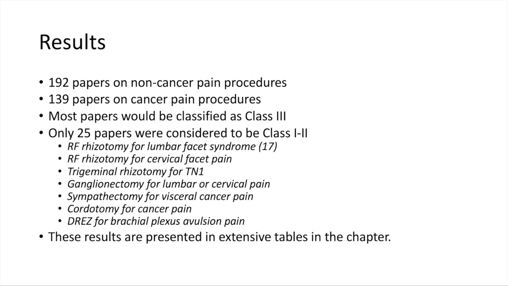17 of these studies evaluated radiofrequency rhizotomies for different pain etiologies, such as lumbar facet syndrome, cervical facet pain, and type 1 or typical trigeminal neuralgia, whereas 3 examined ganglionectomies for either lumbar or cervical pain. 3 studies, 2 Class 1 and 1 Class 2, evaluated and supported sympathectomy of visceral cancer pain. 1 evaluated the use of chordotomy in malignant cancer states, and 1 evaluated the DREZotomy technique in the management of intractable brachial plexus avulsion pain.